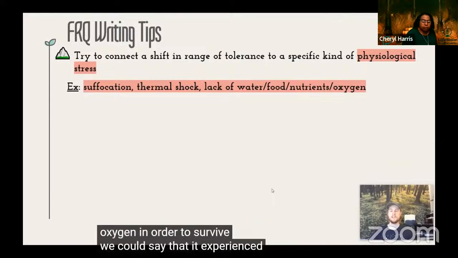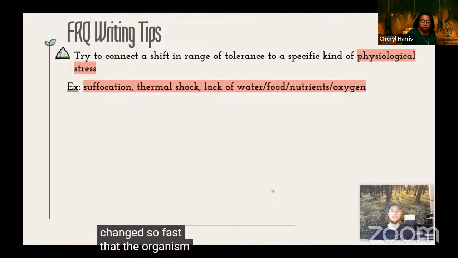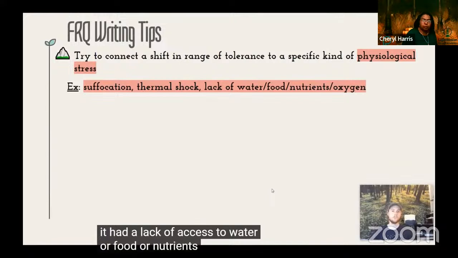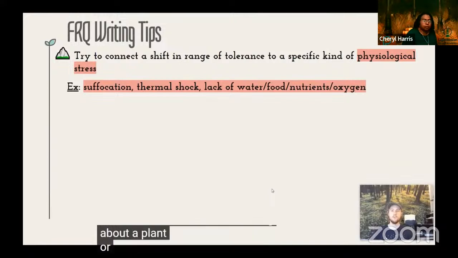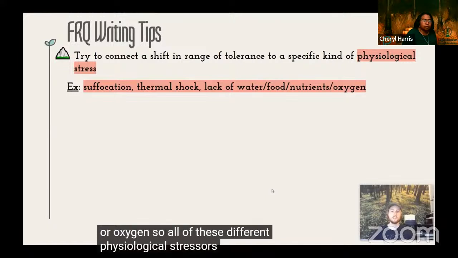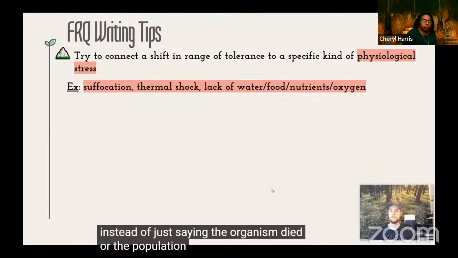We could say that it experienced thermal shock, so the temperature in the water changed so fast that the organism died. We could say that it had a lack of access to water or food or nutrients if we're talking about a plant, or oxygen. So all of these different physiological stressors are good things to cite in your answer instead of just saying the organism died or the population crashed.